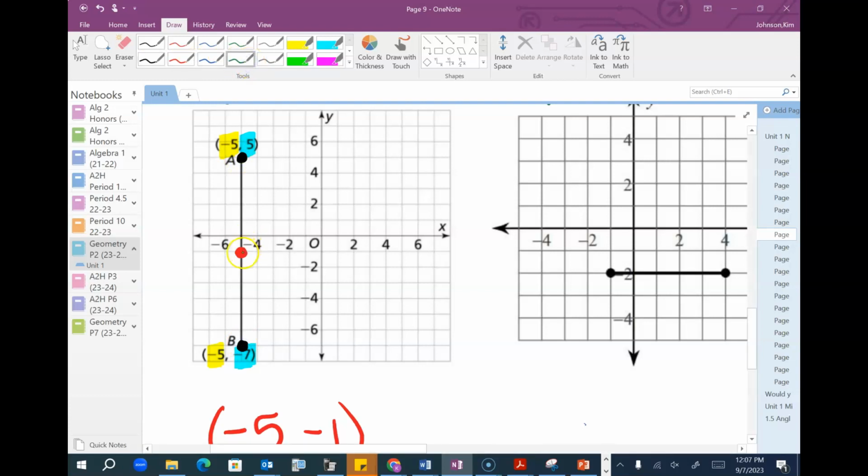The red point looks like it's 1, 2, 3, 4, 5, 6 units away from point A. And then let's see how far the red point is from point B. It's 1, 2, 3, 4, 5, 6 units away from point B. And so we've just confirmed that that red point is in fact the middle of AB.